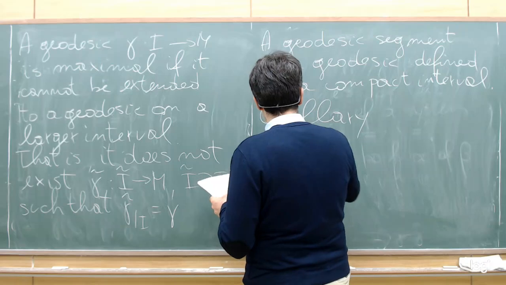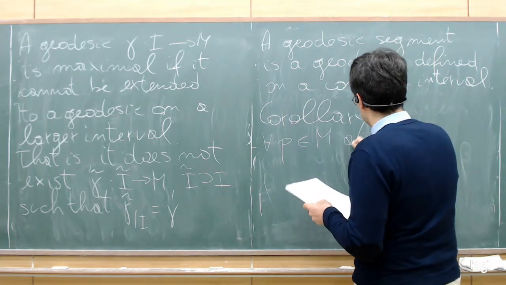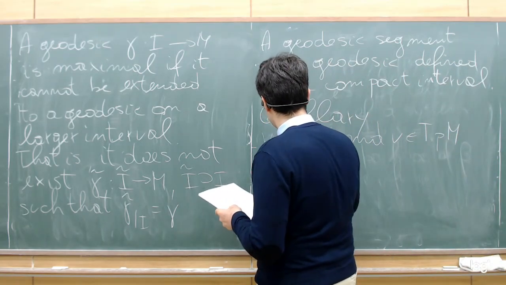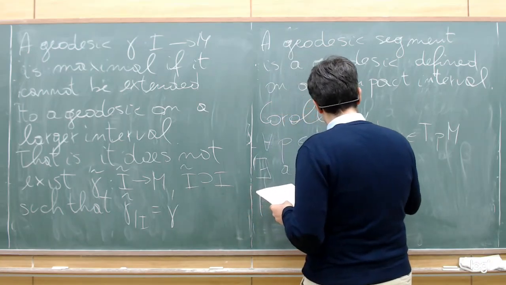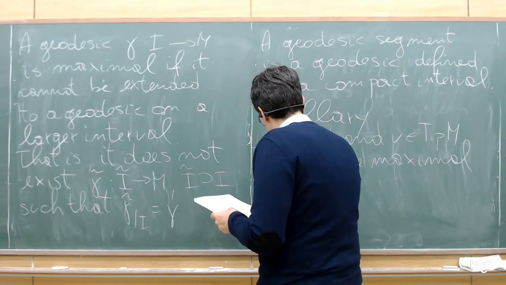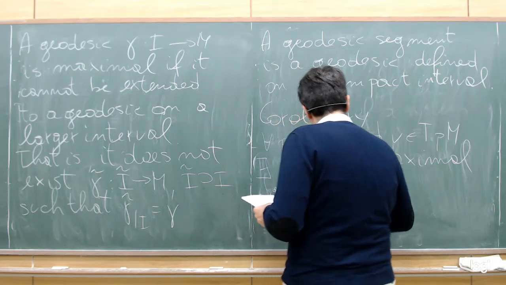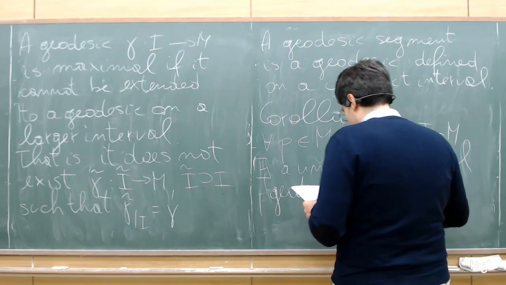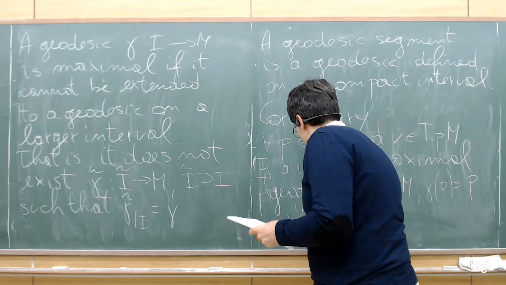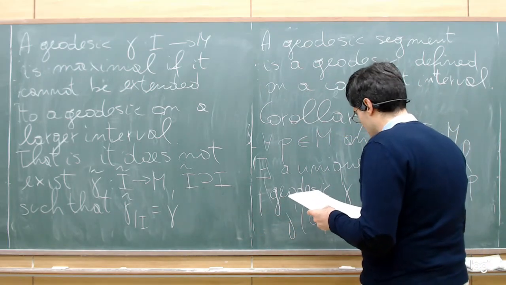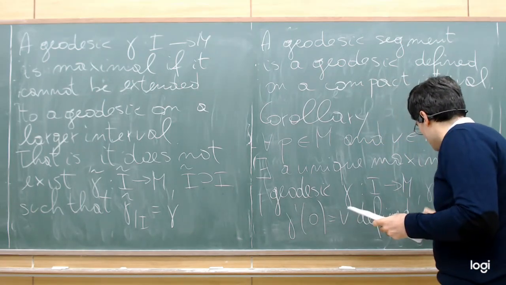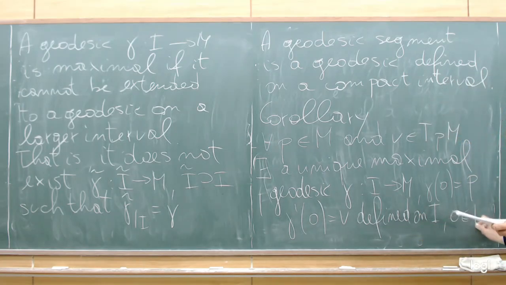For each p in M and v in T_pM, there exists a unique maximal geodesic gamma in M such that gamma(0) is p, gamma'(0) is v, defined on I with 0 in I.